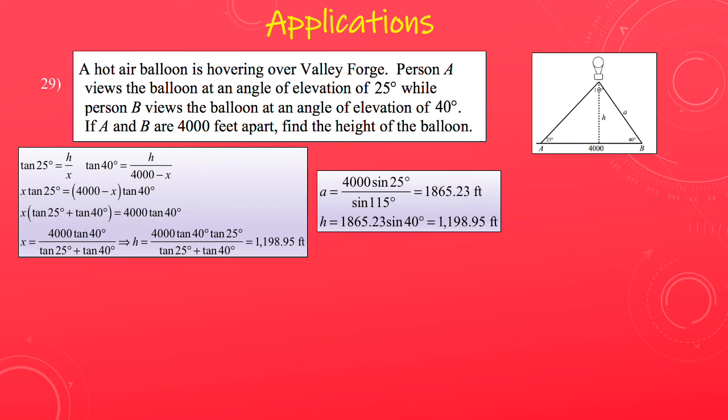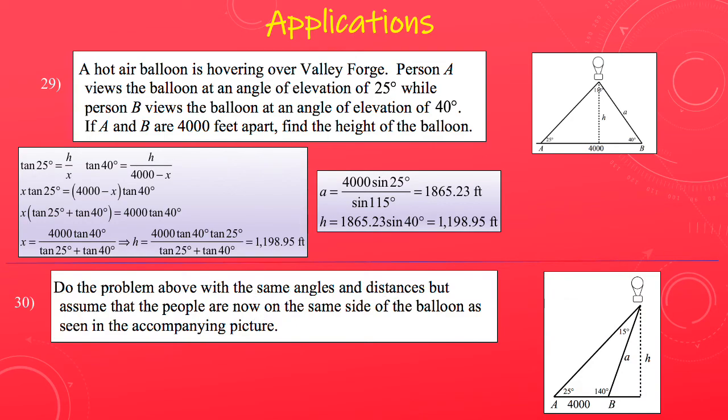And therefore, we can use the law of sines with angle-angle-side to say that a is 4,000 sine 25 degrees over sine of 115 degrees, getting 1,865.23 feet. And therefore, h is equal to that value times sine of 40, and we end up getting the same exact answer of 1,198.95 feet.